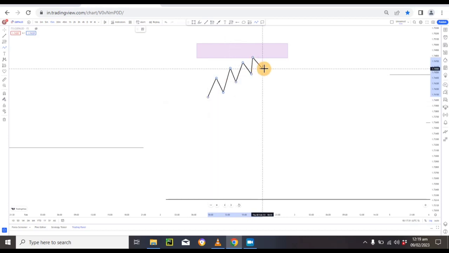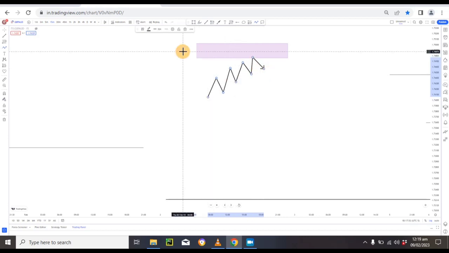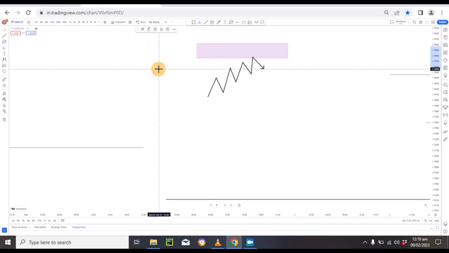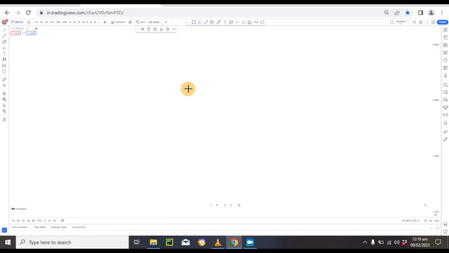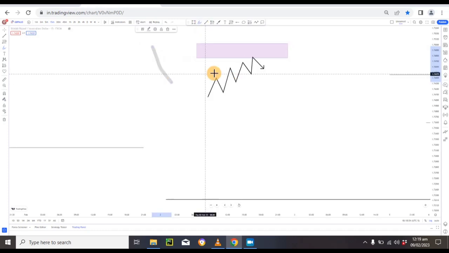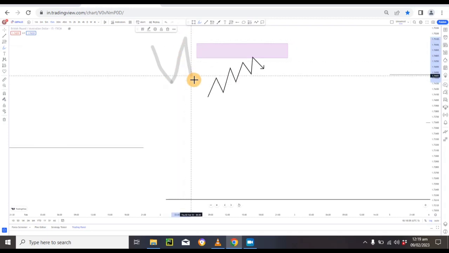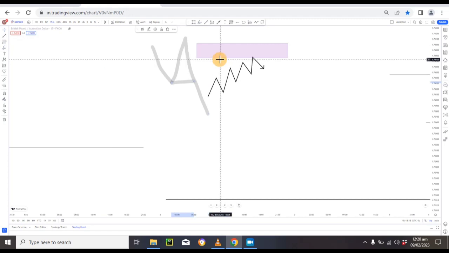Let's say for instance we have a break of structure here, let's say the 15 minutes break of structure, another 15 minute break of structure, and what do we anticipate after a 15 minutes break of structure? We anticipate a pullback.